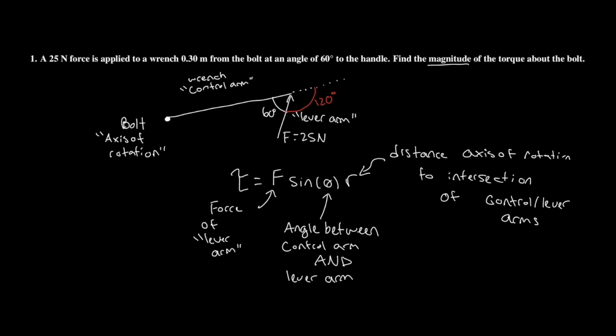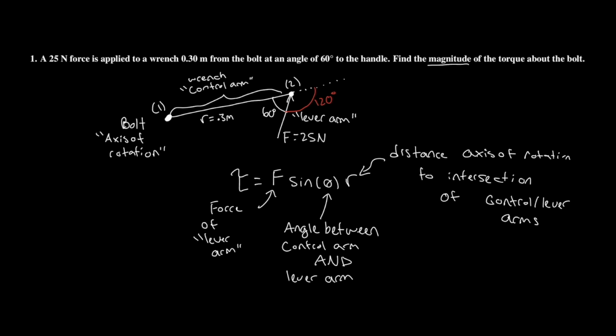So first, we take our axis of rotation, in this case, the bolt, or what we are rotating around. And then we also find the intersection of the control arm and the lever arm. So here, that is where the wrench meets the force vector. And we want to find that distance. In this case, they give it to us in the problem, and we have R equals 0.3 meters.